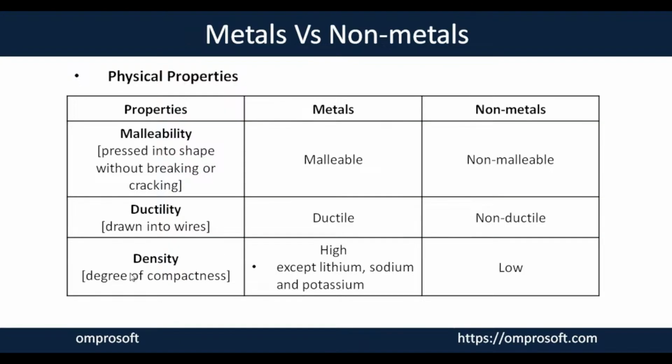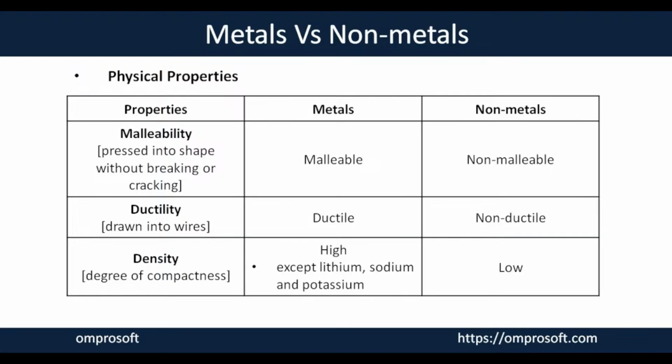The next property is density. It means degree of compactness. Metals are highly compact because the intermolecular interaction between metal particles is very strong. The exceptions are lithium, sodium, and potassium. They are solid at room temperature, but they are highly reactive.